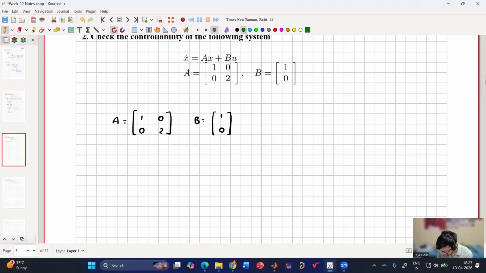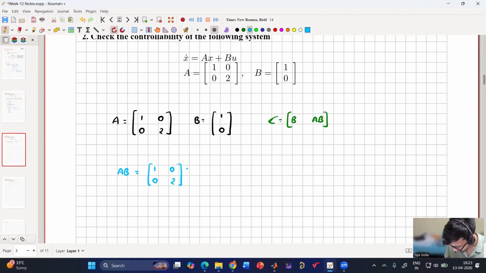So the controllability matrix C is B, AB. Okay, let us calculate it. First, B is given. Let us calculate AB. [1, 0; 0, 2] into [1; 0].